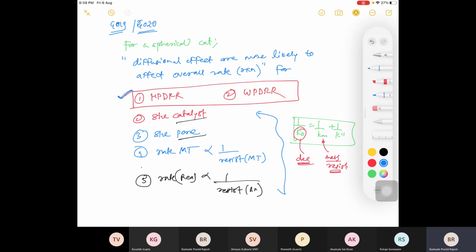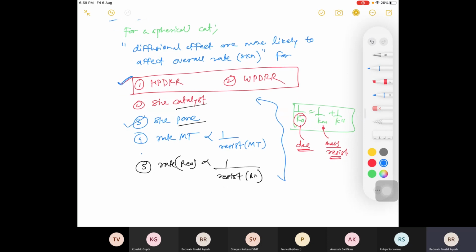And the question has been asked, what is your pore size? You need to tell whether this is low, high, anything. High pore diffusion, that means diffusion resistance is very high. That means your reactant is not able to move inside. Just imagine, size of pore is small.